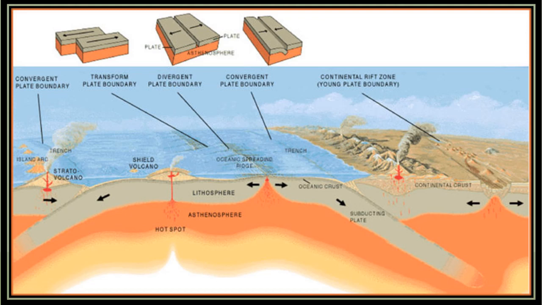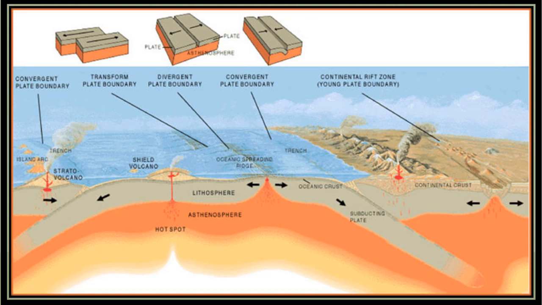and they form various plate boundaries. In the continental part, near the continental crust or near the seashore, you can see there is a formation of mountains, and volcanic eruption is also visible there. A continental rift zone is also there.